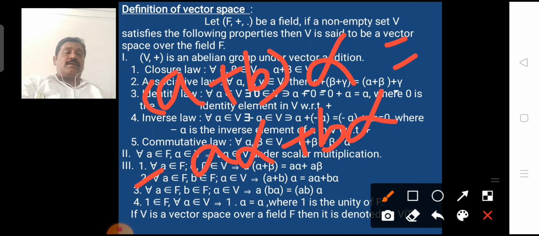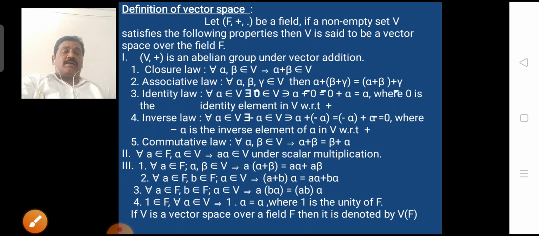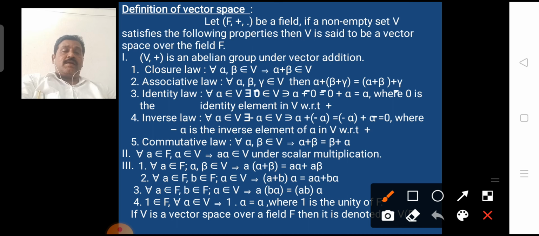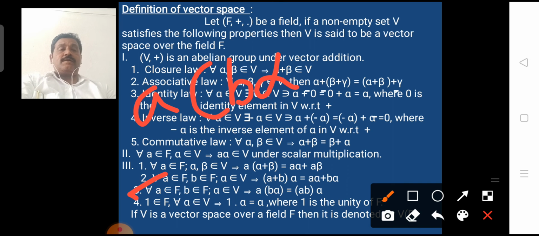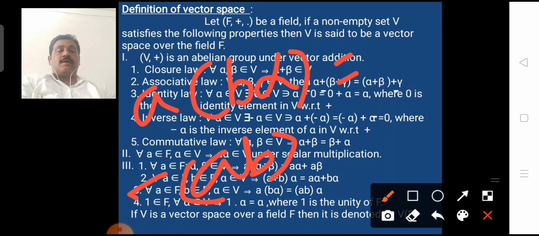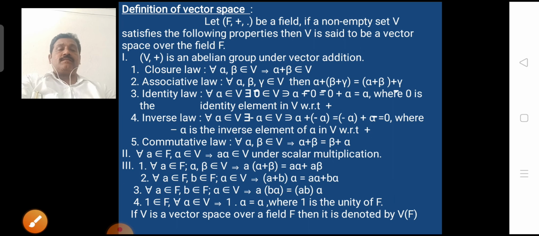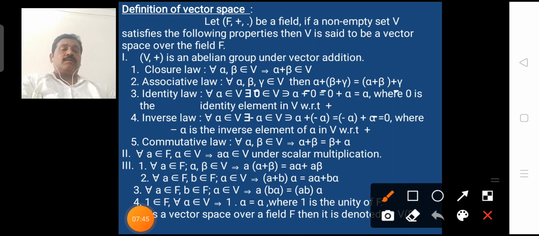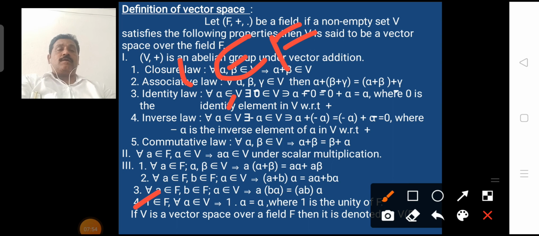And the third property, for each a belongs to F and b belongs to F, alpha belongs to V, a into (b alpha) is equal to (ab) into alpha. And the fourth property is, 1 belongs to F, alpha belongs to V, then 1 into alpha equal to alpha.